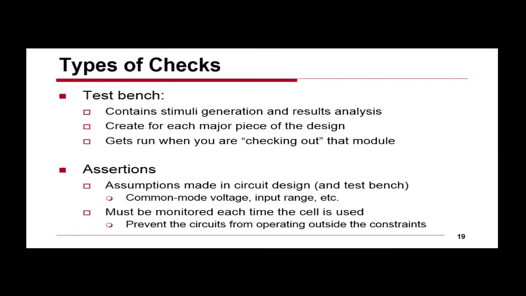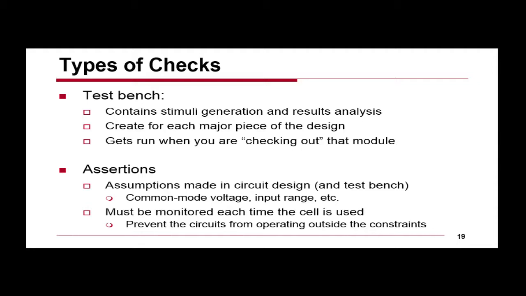OK? And the two kinds of checks you need to do are, first, the ones you typically think about: the test benches that you need to extract the parameters for the data sheet. But the other kind of tests that you need are assertions. Because what's an assertion? An assertion is the assumptions you made when you ran the first kind of tests. Because when I measure the gain of an amplifier, I'm measuring it for a certain common mode input range, or a certain output range, or a certain power supply.